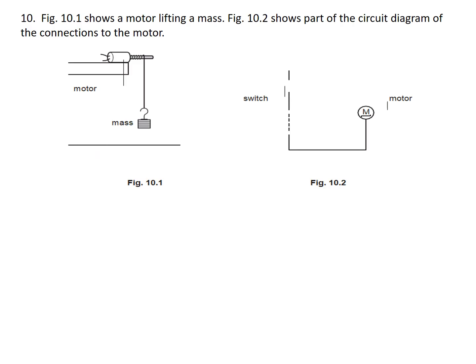Question 10. Figure 10.1 shows a motor lifting a mass. Figure 10.2 shows part of the circuit diagram of the connection to the motor. As you can see, this is the motor lifting the mass, whereas this is the circuit.